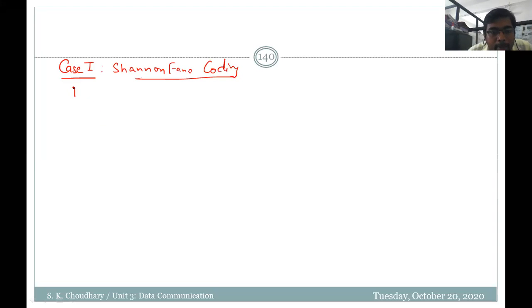We have to make a table where the first column is message, second is probability, third is code or code word, and then code word length.